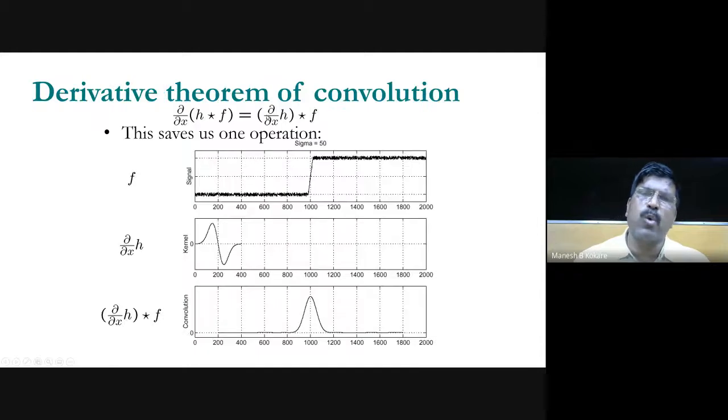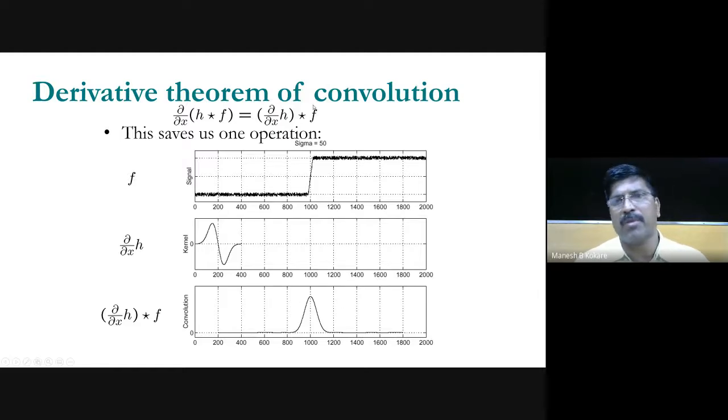Now this is equivalent to taking the derivative of this filter. So you take the derivative of this Gaussian, you get a function like this, and then you convolve it with f, so you get the same output.